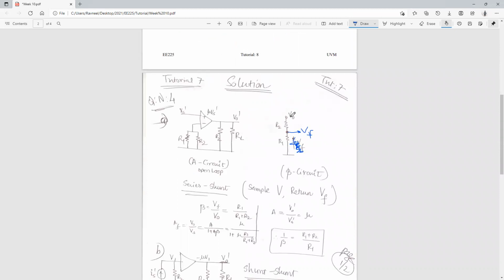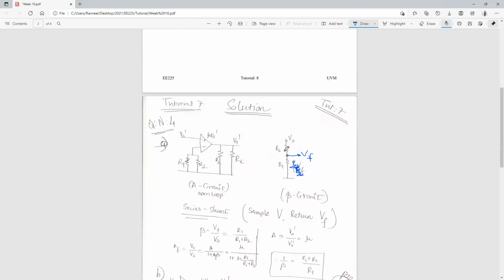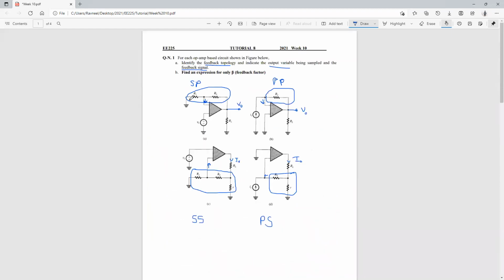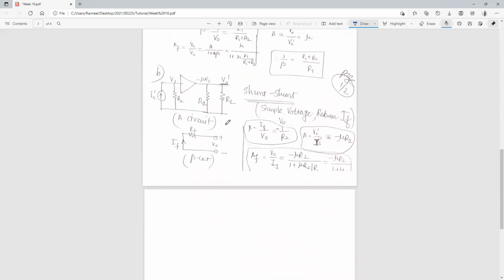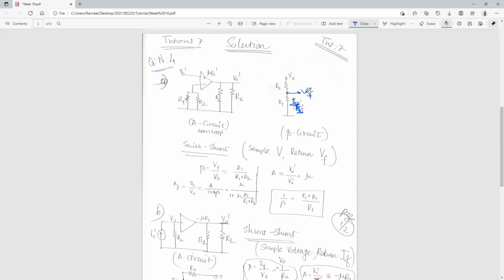You are supplying V out and sampling VF, and since R1 is grounded based on this circuit, if we are taking VF at this point, it is the voltage across R1, isn't it? So in order to find beta, we can use the voltage ratio, or voltage division, to find the voltage across R1. That will be our feedback.